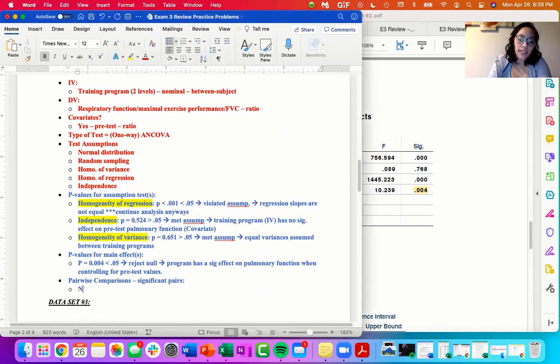So technically, they're not applicable, right? Or you could put NA. If you decided to say something about the pairwise comparisons, training group would be significantly different from the non-training group, but again, that's repetitive from the main effect.